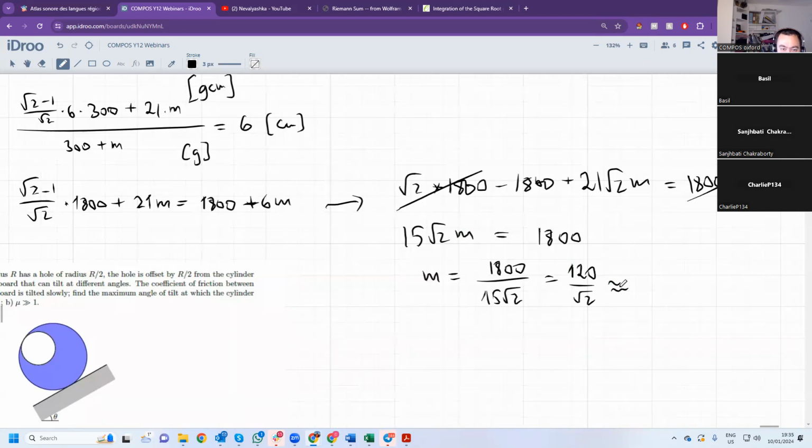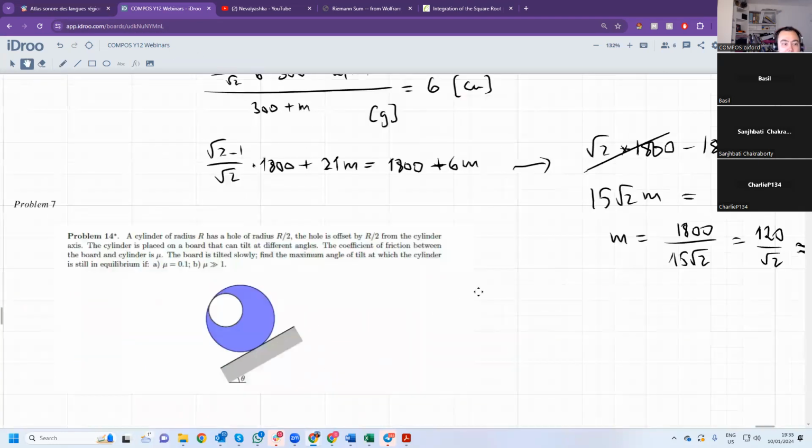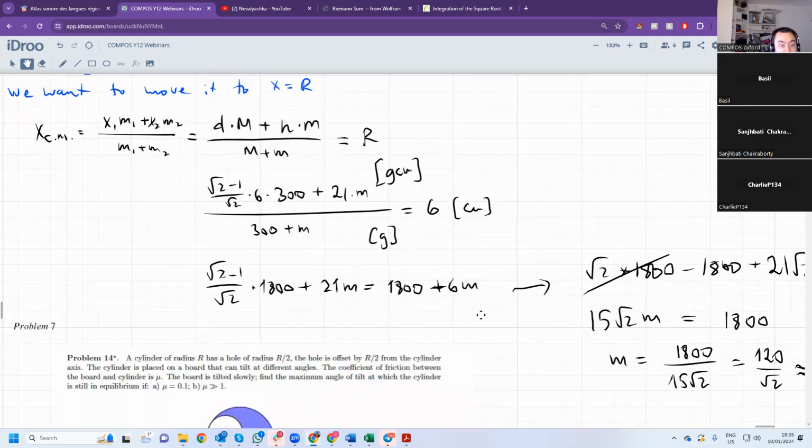So it equals 60 square root of 2, which is approximately 84.9 grams, which sounds reasonable.